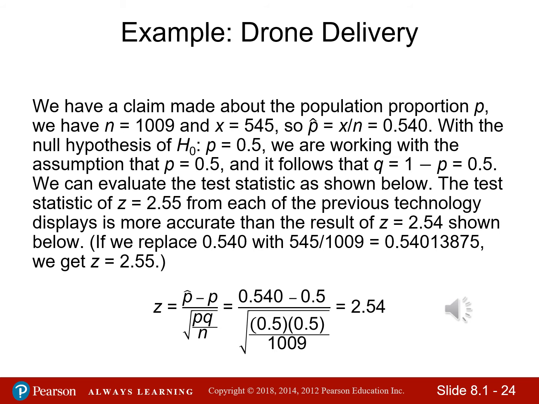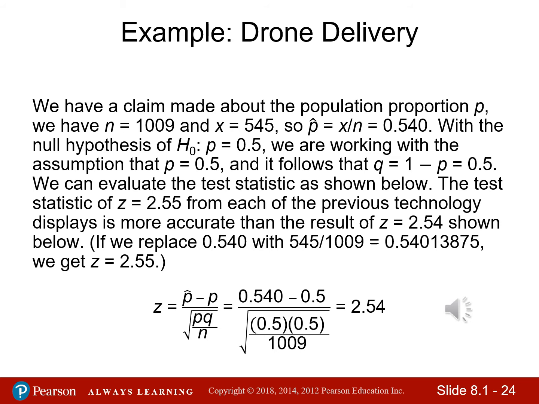So we can evaluate our test statistic as follows, where z equals p hat minus p divided by the square root of p times q over our sample n. This equals 0.540 minus 0.5 divided by the square root of 0.5 times 0.5 over 1009.